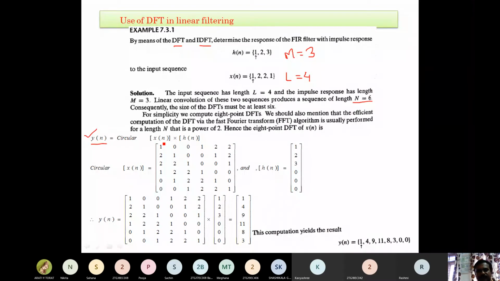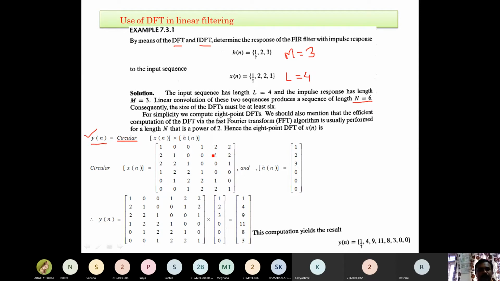The first matrix is designed such that it is x of n, it is having the values of size n cross n. Okay, what is the size of n? N is 6. So it is a 6 cross 6 matrix. And what are the elements, how we need to put? So here you need to design x of n matrix, whose elements are circularly shifted versions.